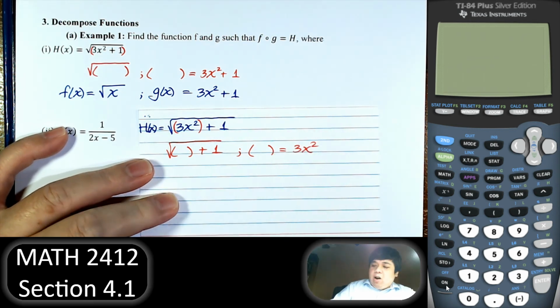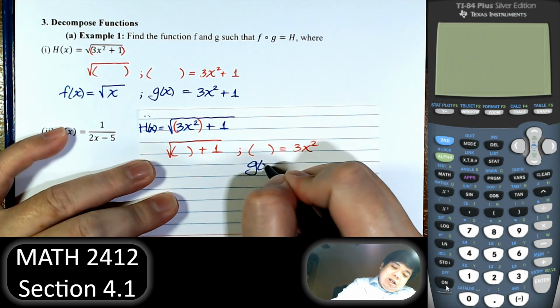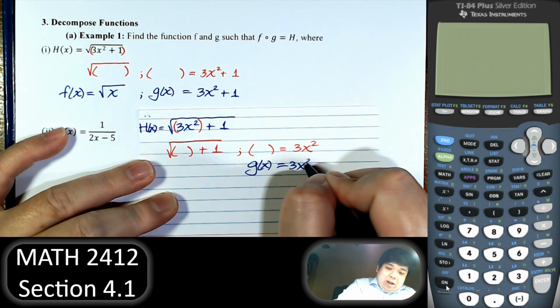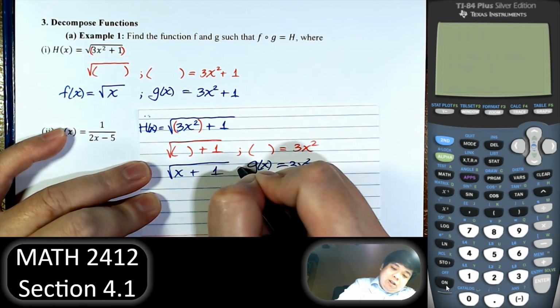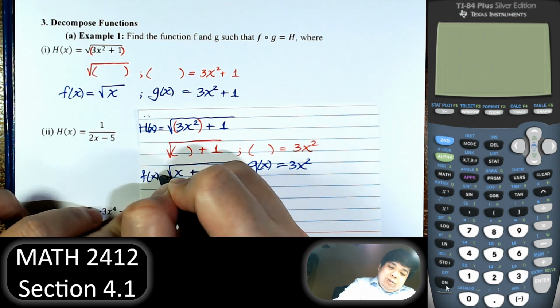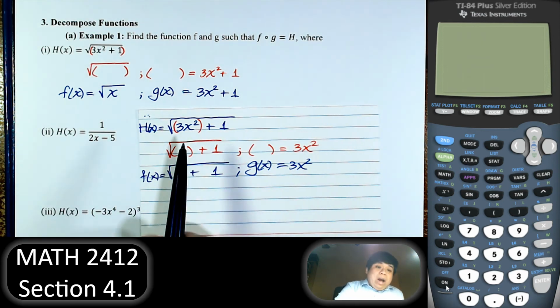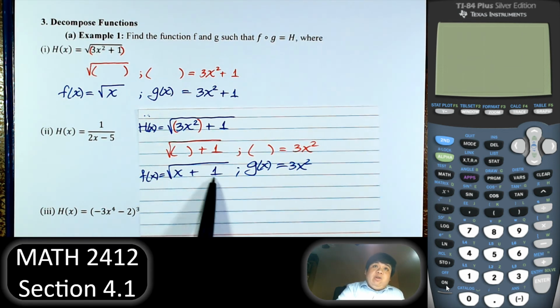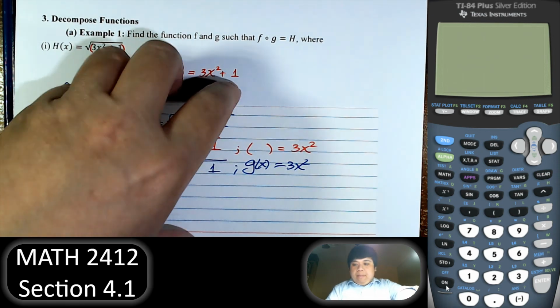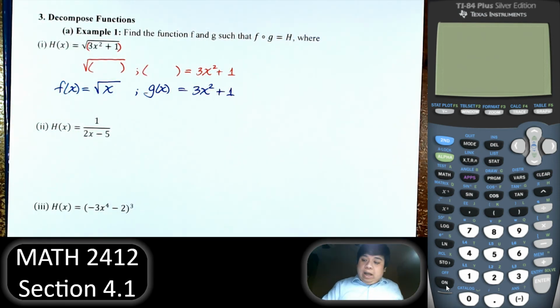The second function in that case is 3x squared, and the first function is the square root of something plus 1. It depends on what we choose to be the second function. If we choose 3x squared, then the first function will follow. So the answer may be more than one.